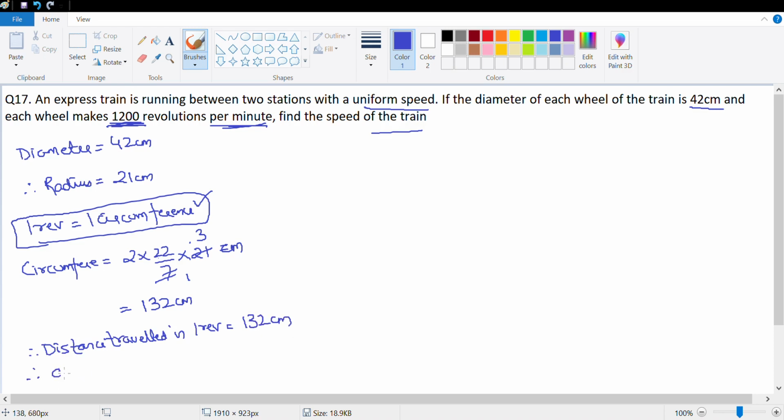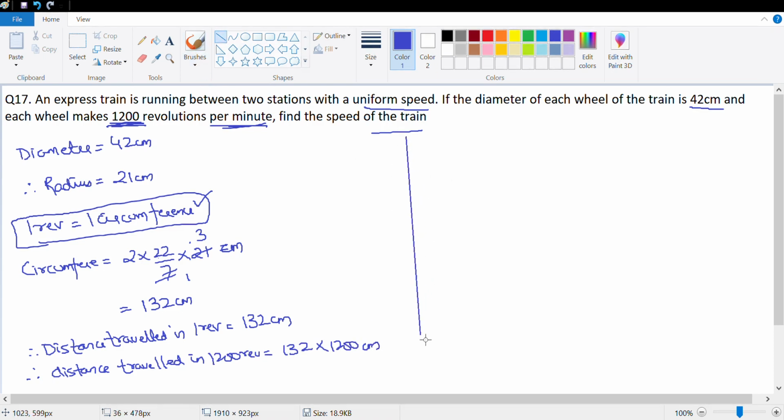Therefore, distance traveled in how many revolutions is it given? 1200. Distance traveled in 1200 revolutions will be equal to 132 into 1200 centimeter. So my answer still is in centimeter. All this distance it travels in 1 minute. Right? It travels in 1 minute. So we need to calculate the speed.